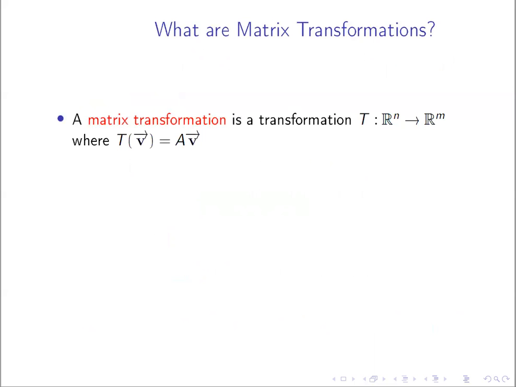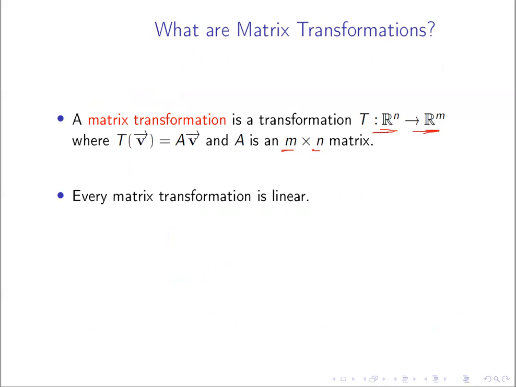One, a matrix transformation is just like the one we already did, where, notice, its number of rows corresponds to where it is going, its columns correspond to where it is coming from, and it's always linear.